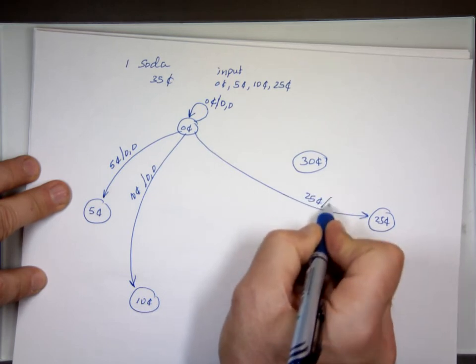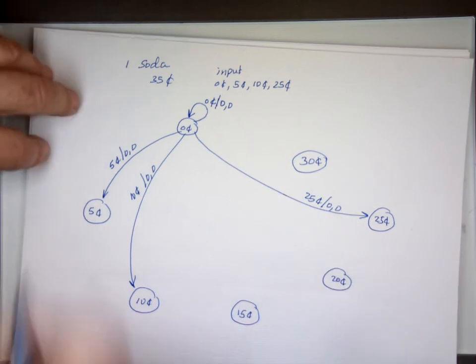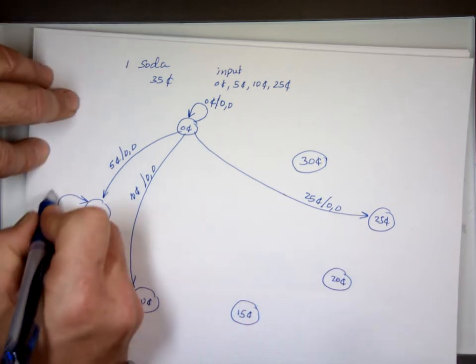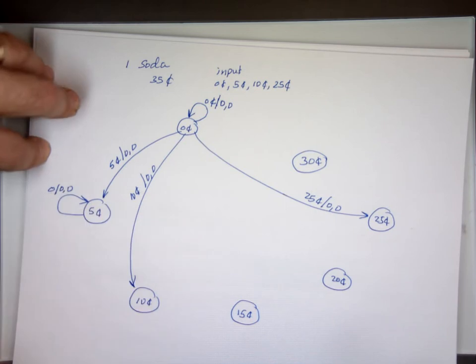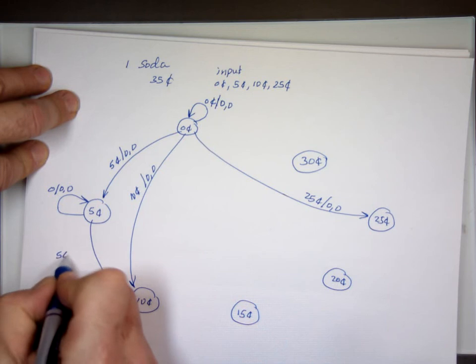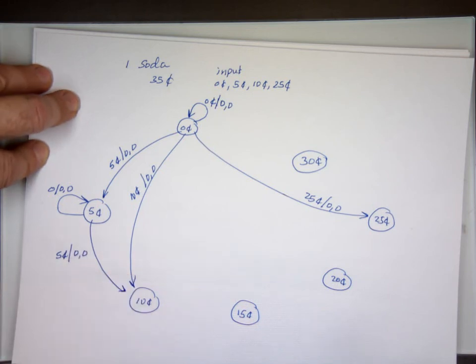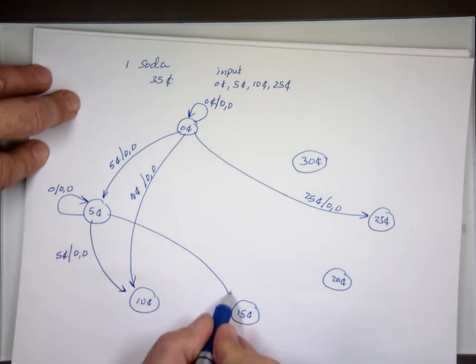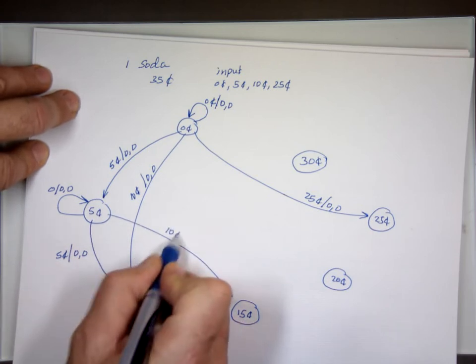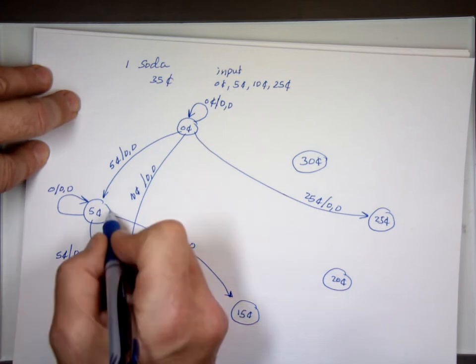If you have the 5 cents and you put nothing, no candy, no change back. 5 cents, no candy, no change back. 10 cents, no candy, no change back. 25 cents, no candy, no change back.